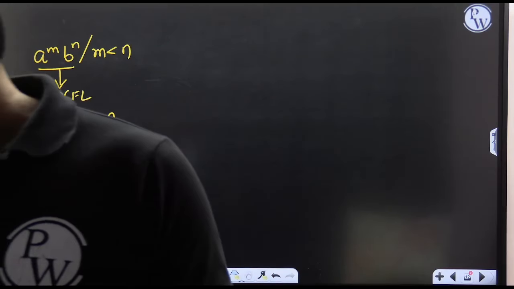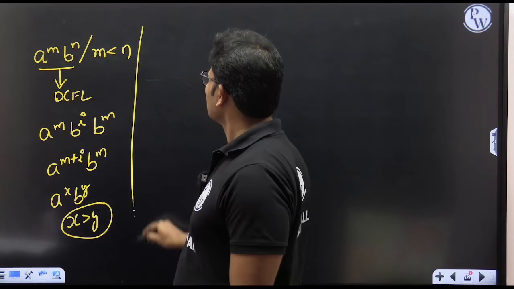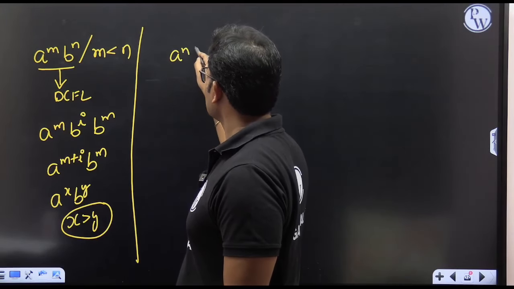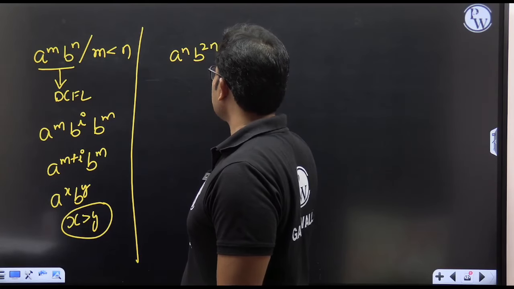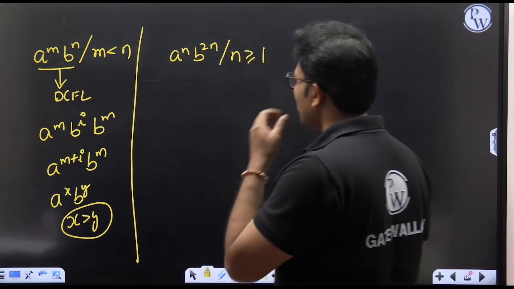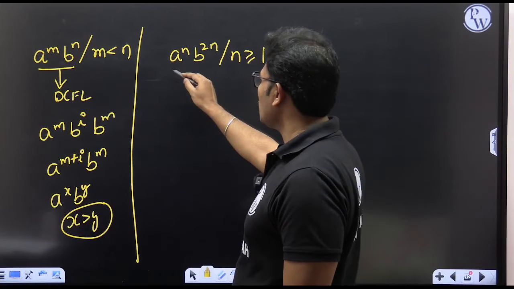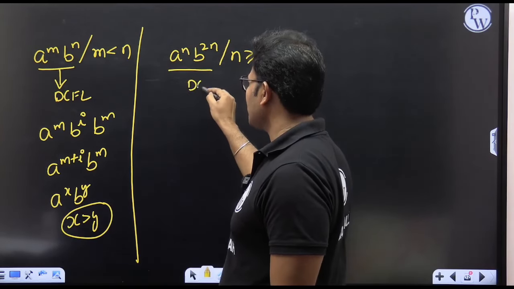Now let's see one more problem. a^n b^2n such that n ≥ 1. We have already done the pushdown automata for this, and we know that this is a deterministic context-free language.